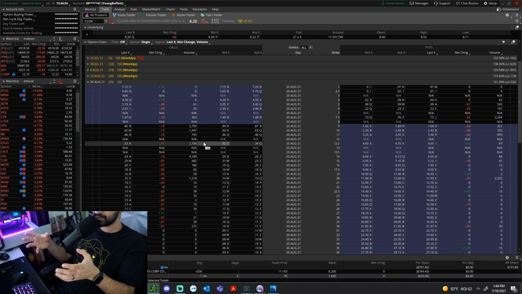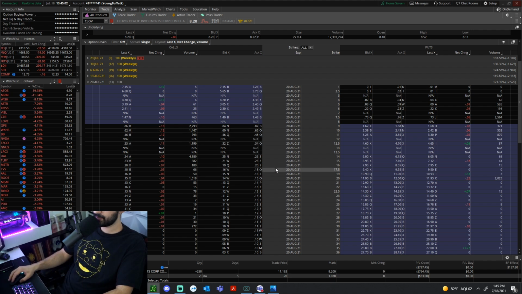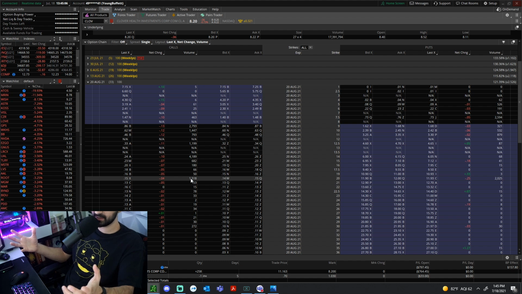In order to understand how this works, you need to take a look at the volume first. For example, if the $20 call had, let's say, 20,000 volume, 20,000 transactions were happening. Remember, each contract, each volume by one, is indicative of 100 shares being put on the line, essentially.